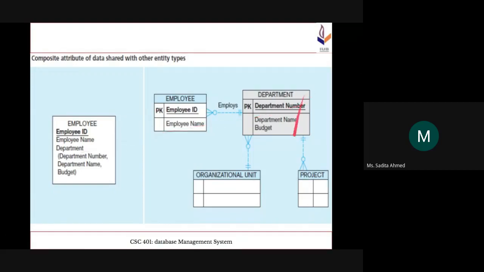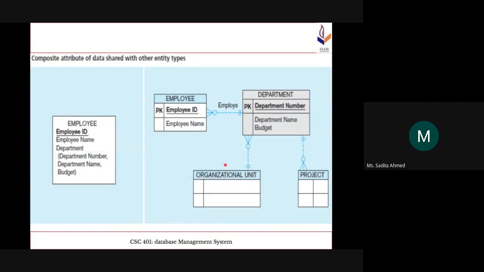Let's say the department could be associated with the project entity, as you can see here. What if there is a relationship between the department and the project entity? That is, a department has many projects. What if it's associated with many other entities, like organizational unit? A department belongs to exactly one organizational unit.